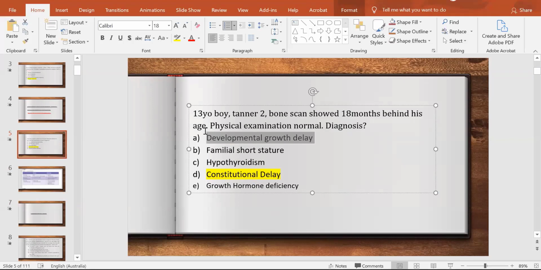Developmental delay means, for example, a 1-year to 18-month-old kid should walk. That is development. We don't use developmental delay in a 13-year-old boy. It's either constitutional delay, familial short stature, etc. And familial short stature should have bone age equal to chronological age. Clear? Any confusion here?